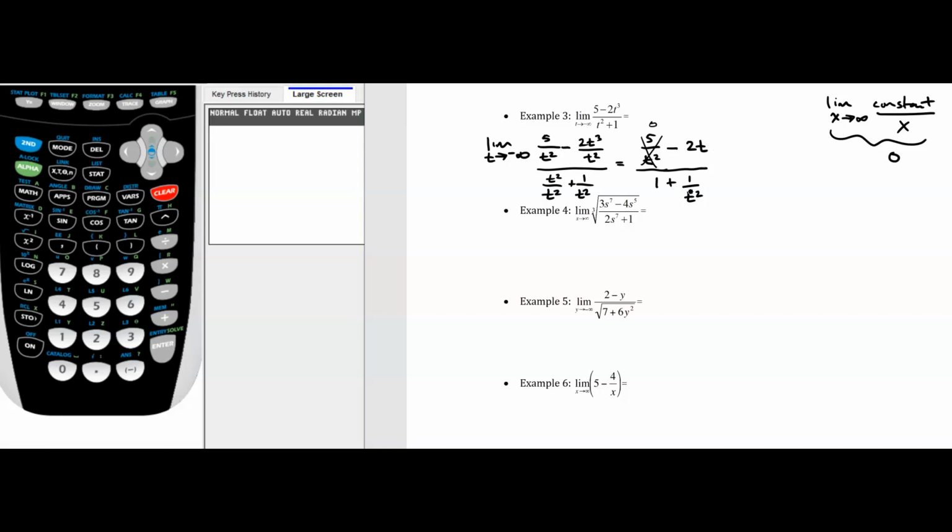We've got 1 plus, again, t is going to negative infinity, so if you square that really big negative number, 1 divided by that is negligible. So essentially, our answer here is going to be just negative 2 times whatever t is going to, divided by 1.